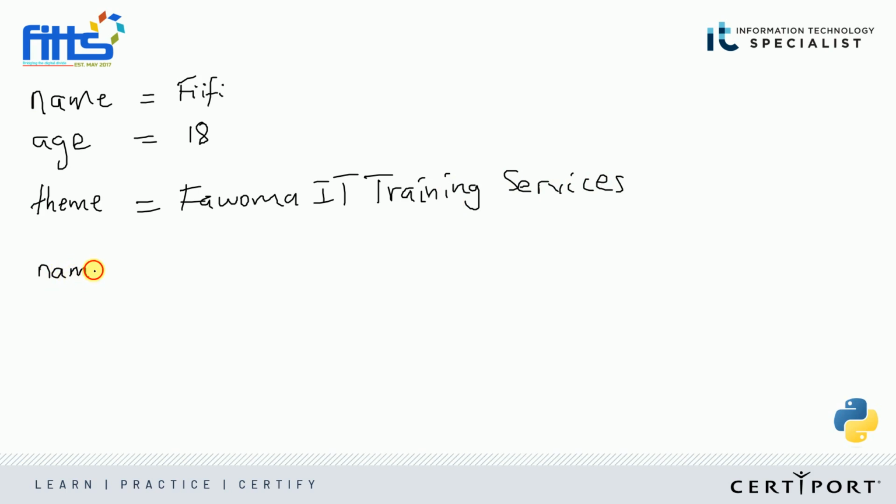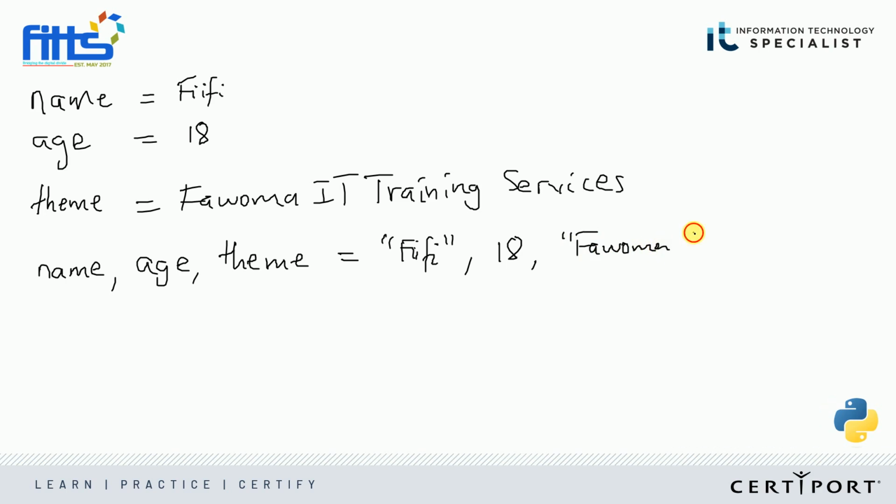So we can have name, comma, age, comma, theme, which will now be assigned the values Fifi, 18, and Faoma IT training services, like this. So in one single line of code, we've been able to assign three different values to our variables.